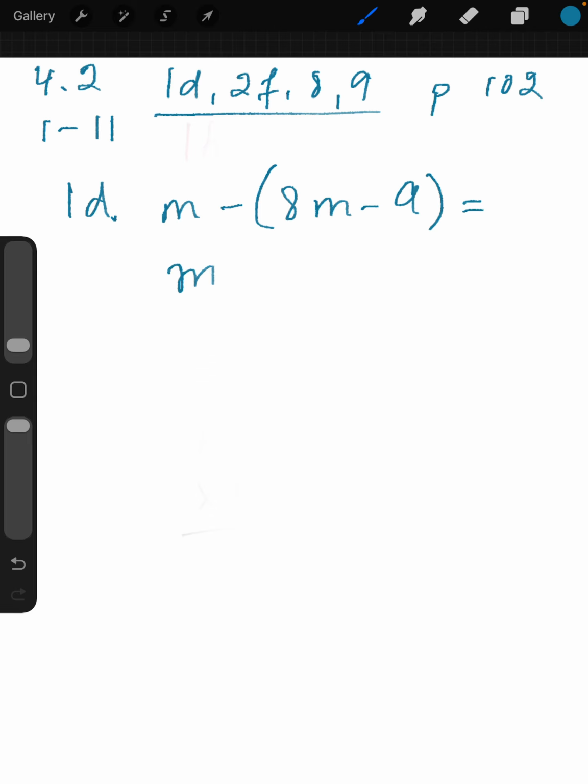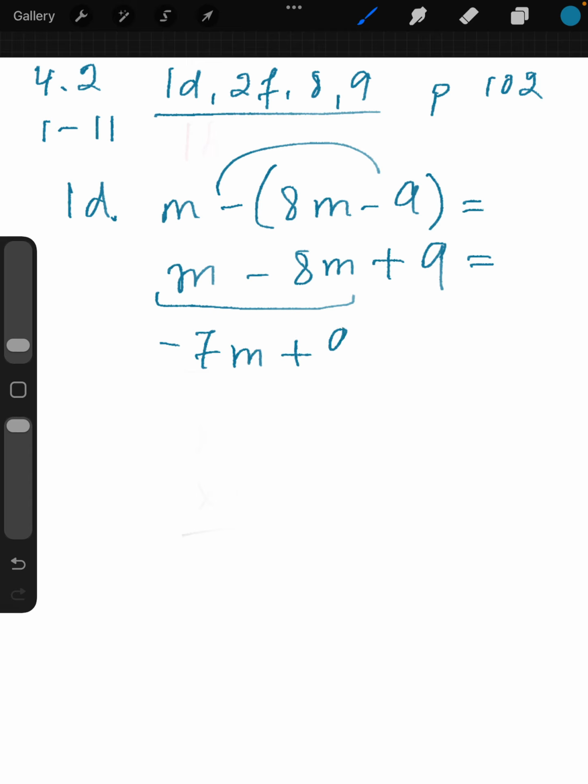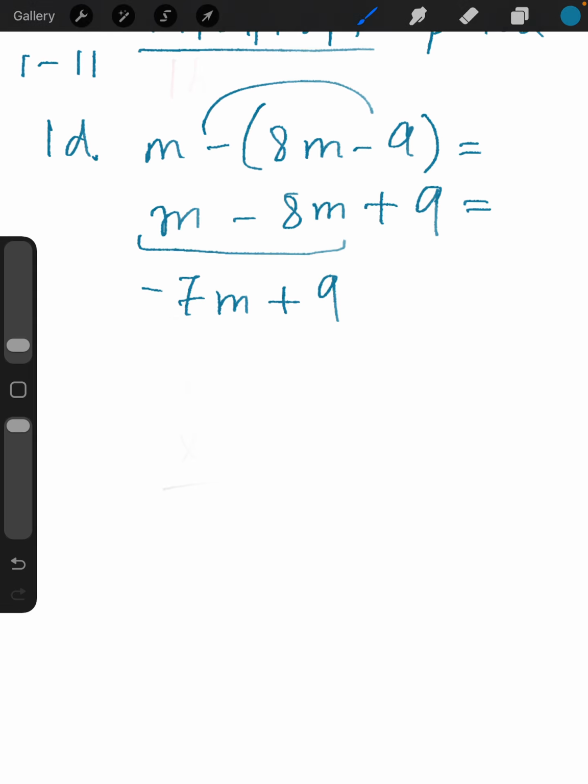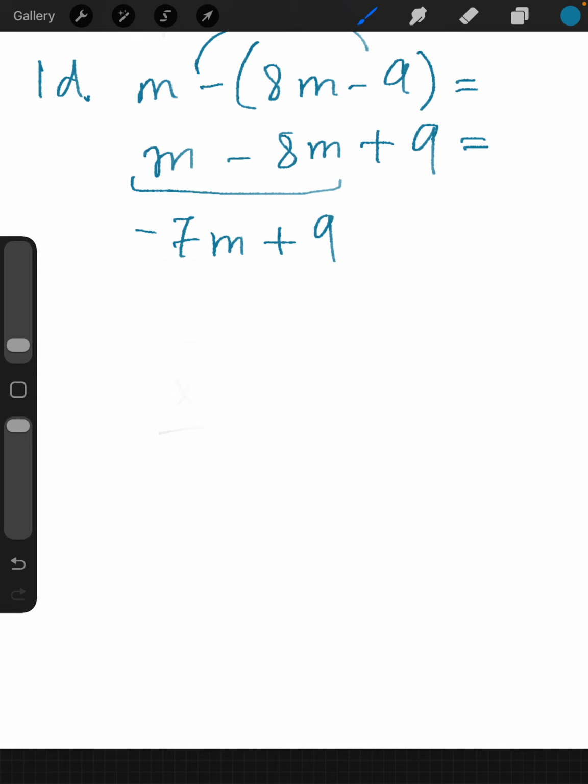The solution here is M minus 8M plus 9, right? And then that could be simplified further into negative 7M plus 9. In general, though, before you watch my solution videos, it would be great for you to try your hand at problems yourself, right? Okay, let's go to 2F.